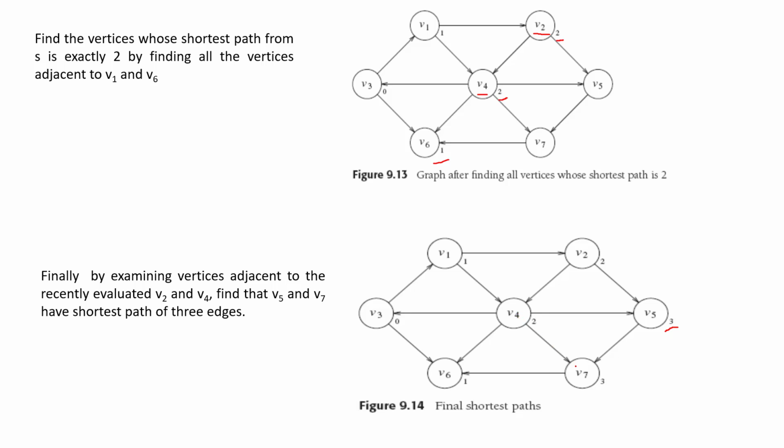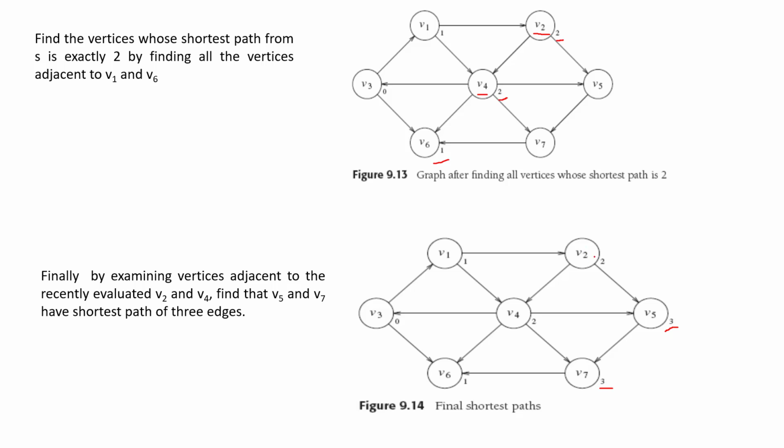From V4 also we can come to V3 and V5, so here also it takes 3 units. Then from, so here we can also go to V6 after V7, but let's stop here.